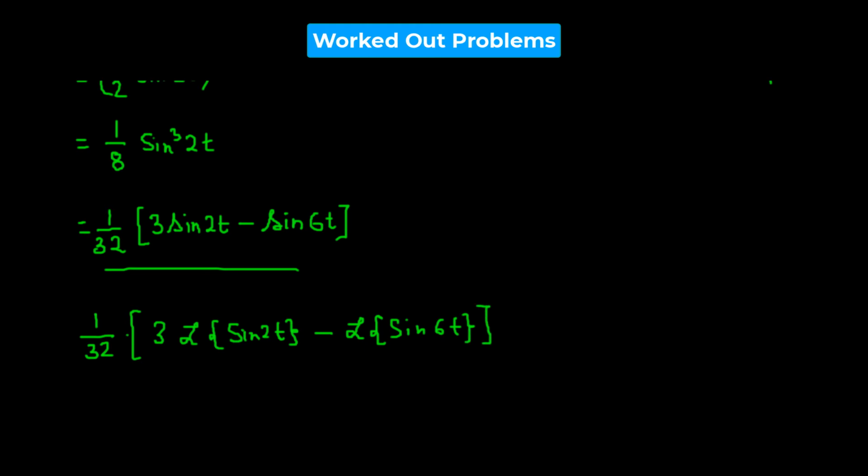So that gives us 1 over 32 multiplied by 3 times, so the Laplace transform of sine 2t will be 2 divided by s squared plus 2 squared, so that is 4, minus the Laplace transform of sine 6t, which will be 6 divided by s squared plus 6 squared, so that is 36.